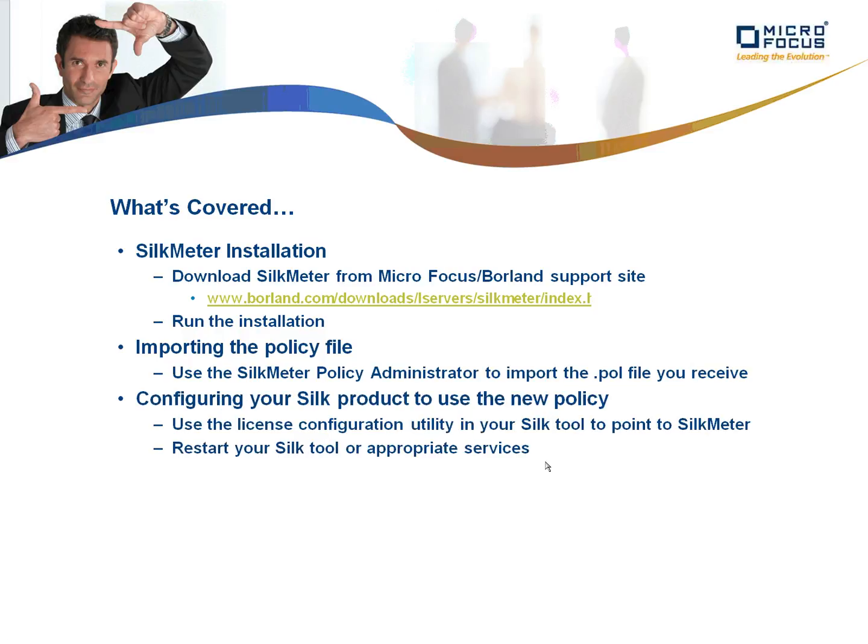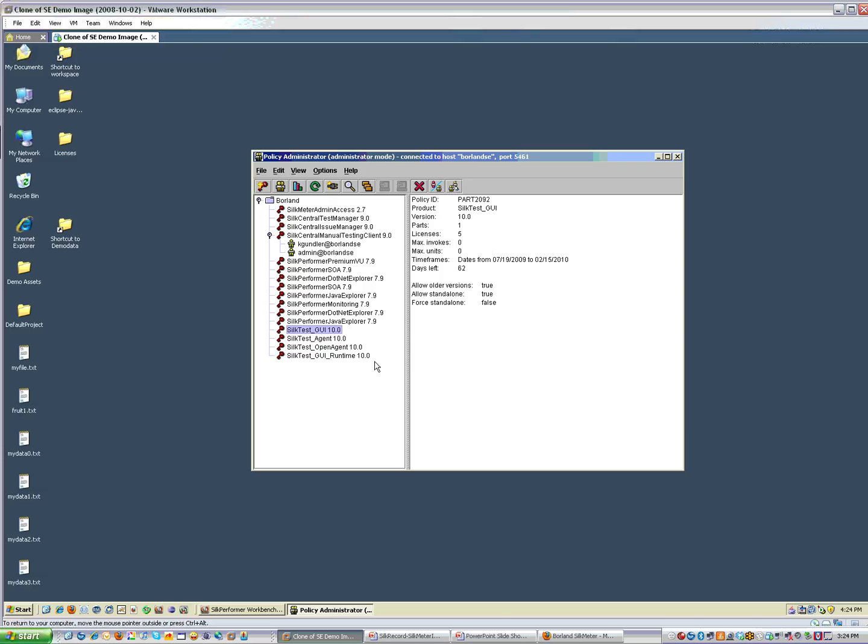The final step is to actually configure your Silk product to switch to this policy file rather than the one that was automatically installed under the covers when you first downloaded your trial. Now this step will vary a little bit depending on which product you've chosen. In this case I'm doing Silk Test.